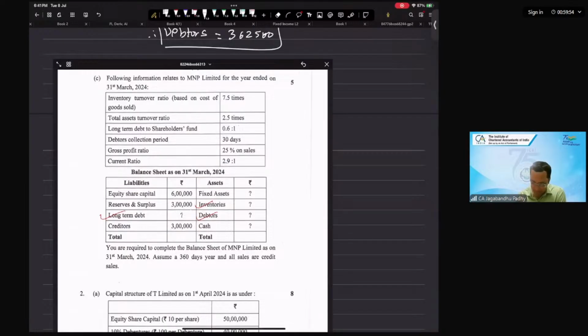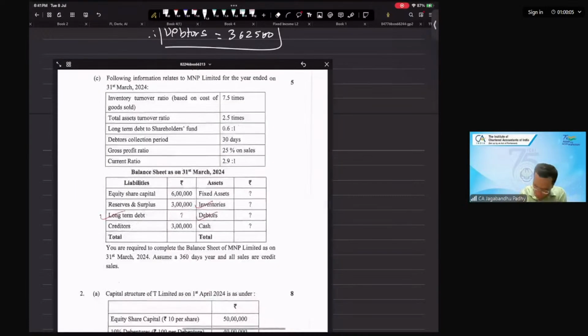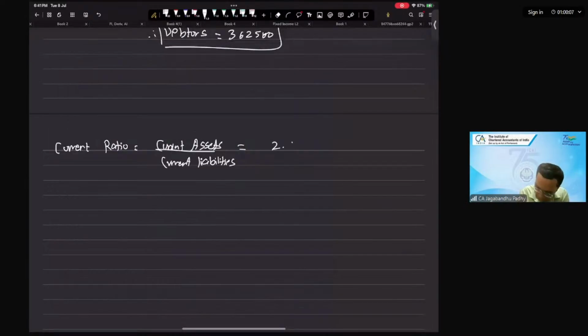So current assets is something which we don't know, but we know current liability has got only one item, which is the creditors. That amounts to 3 lakhs. This ratio is given to be 2.9.